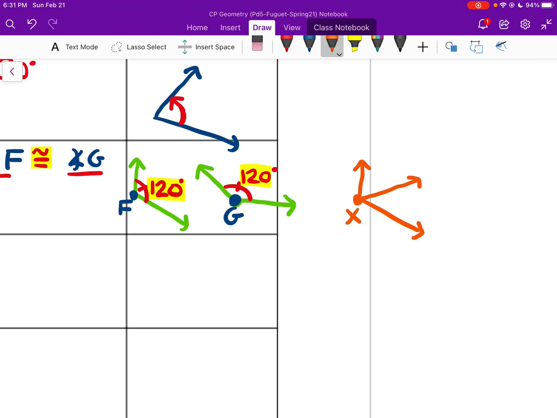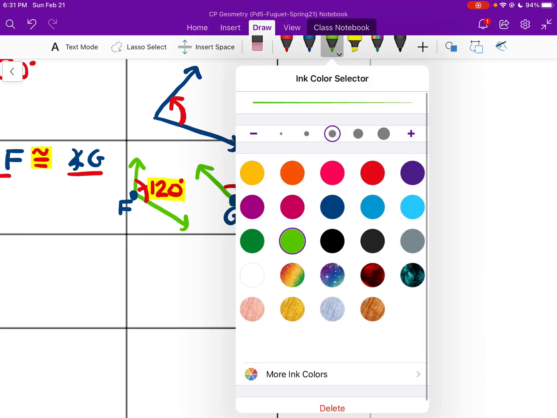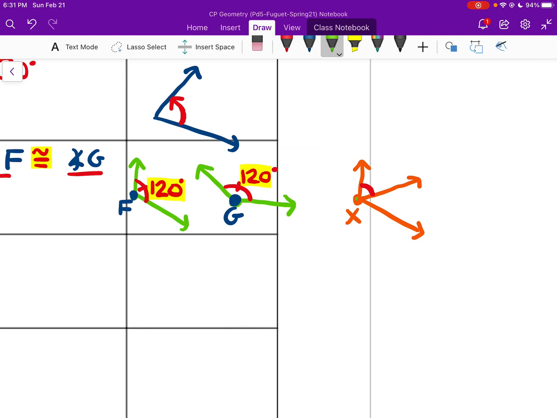Maybe this was called point X. Maybe we were looking for the measure of this angle in red. We could not just call that angle X. And maybe you're seeing Y. Well, angle X, multiple angles share that same vertex. So when we say angle X, we could be talking about this one in green, this entire big one in green, or possibly the one that we want in red.